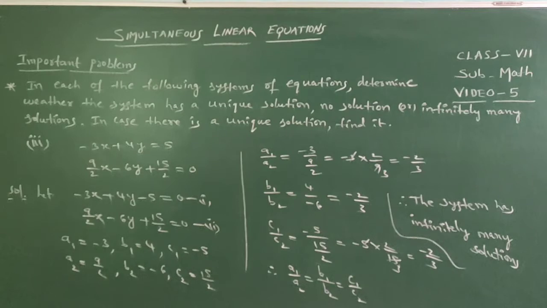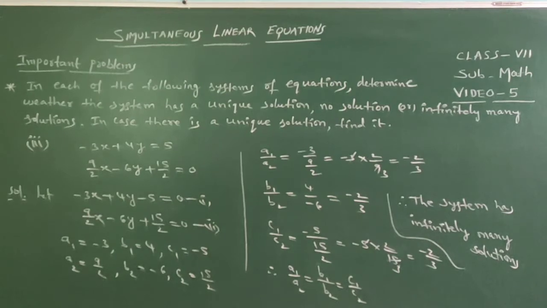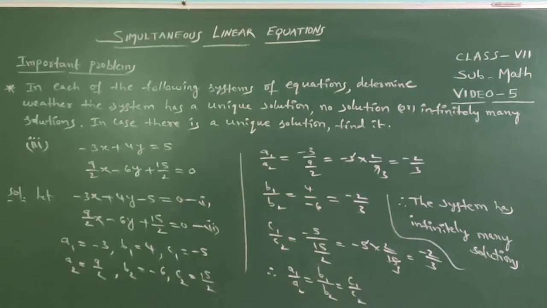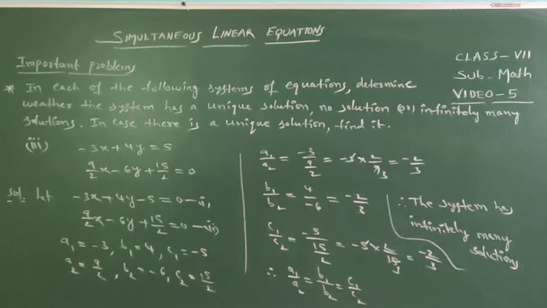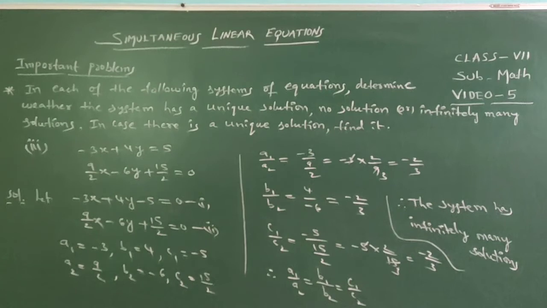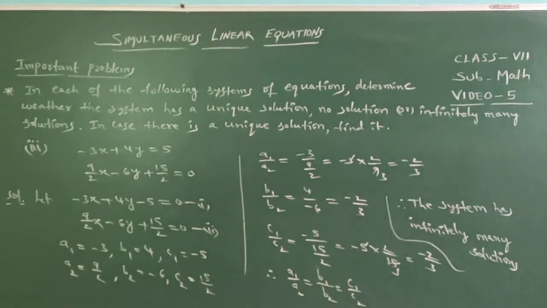A1 by A2 equal to minus 3 by 9 by 2, which after simplification gives minus 2 by 3. B1 by B2 equal to 4 by minus 6, also minus 2 by 3 after simplification. C1 by C2 equal to minus 5 by 15 by 2, also minus 2 by 3 after simplification. In all, A1 by A2 equal to B1 by B2 equal to C1 by C2.